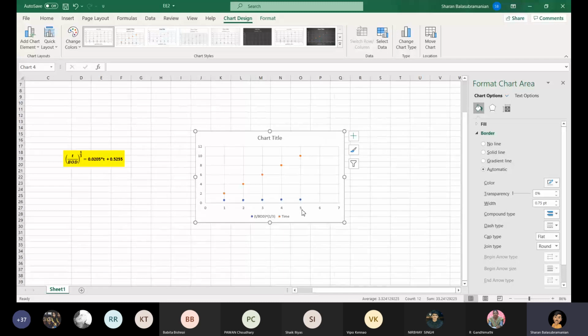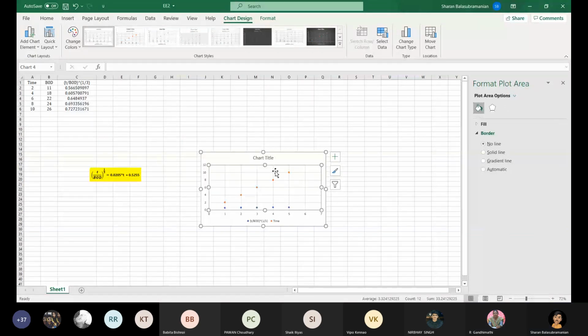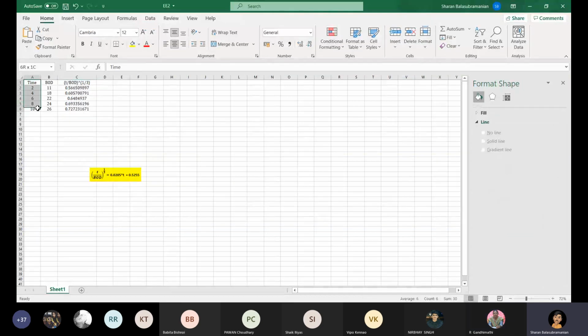Maybe you have selected the data wrongly. We can select those two columns and then create a scatter plot.